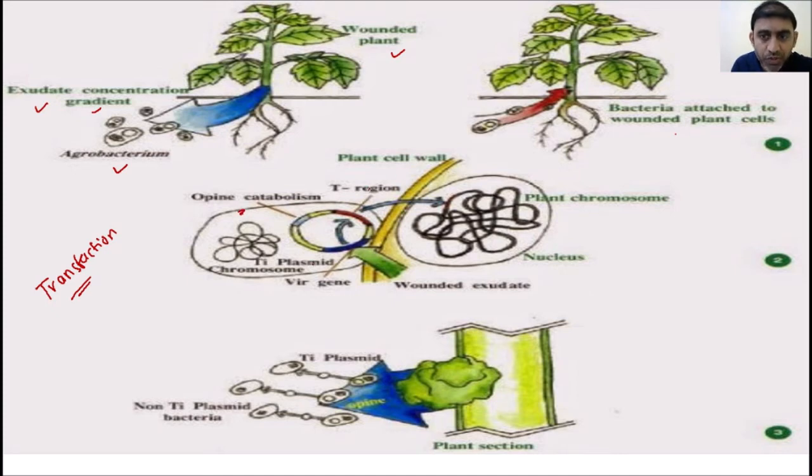This plasmid is going to be introduced into the plant chromosome, and this T region means the plasmid is going to take control over the plant chromosome. It is transformed, not fully, at a particular part, and these are wound exudates, and this is the plant section. Disarmed plasmid, non-disarmed plasmid bacteria.